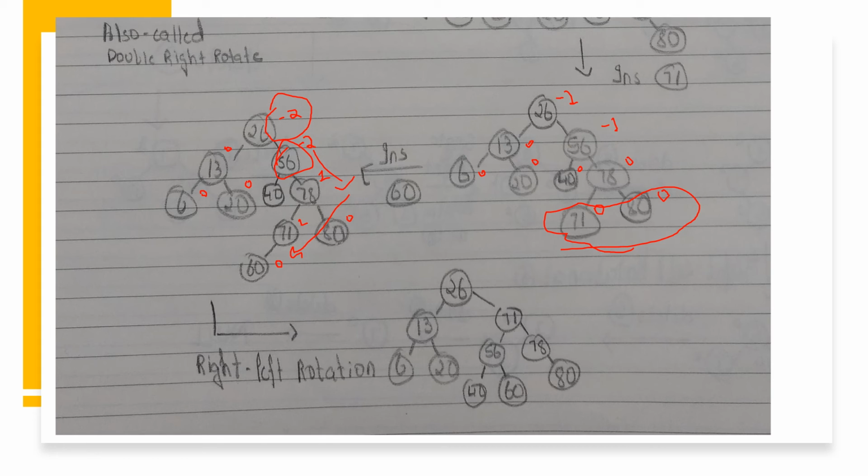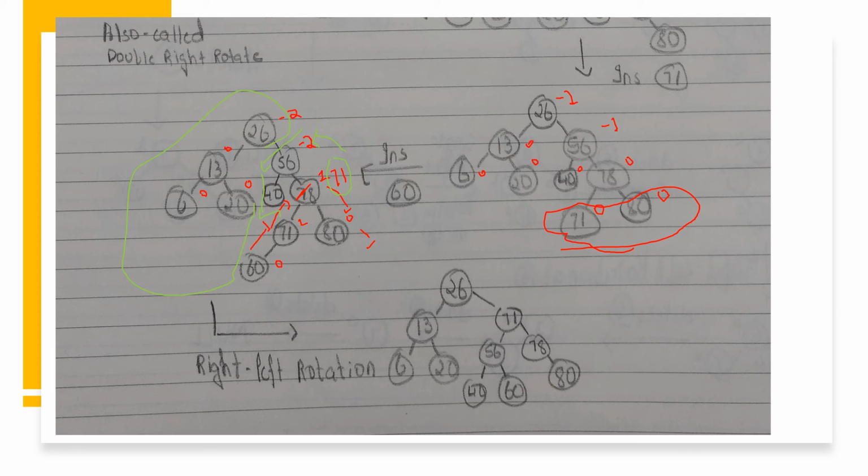So now what we are going to do is first right rotate: this 80 comes down, 60 goes up, and this will be 71. Now 71 will go left, and 56 will come down, 40 will also come down.